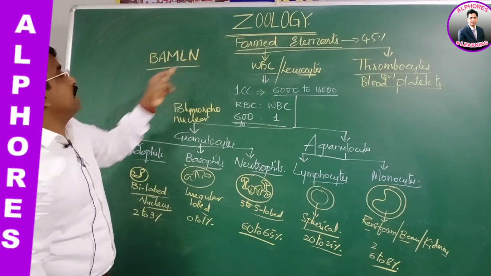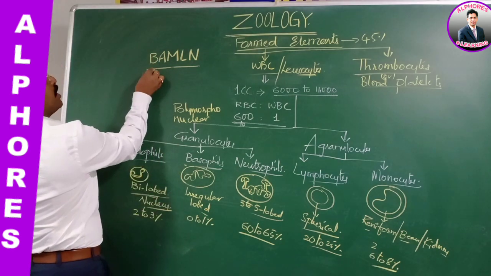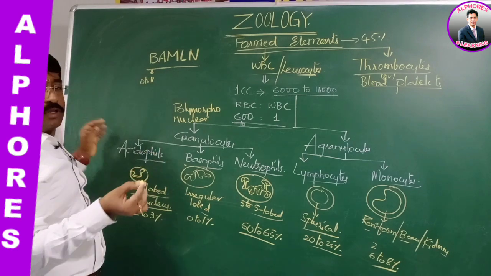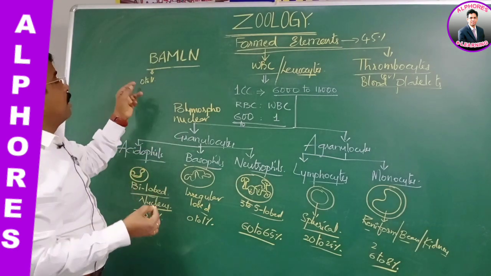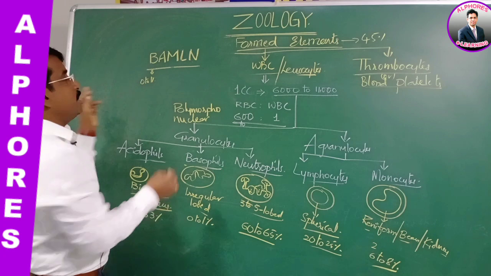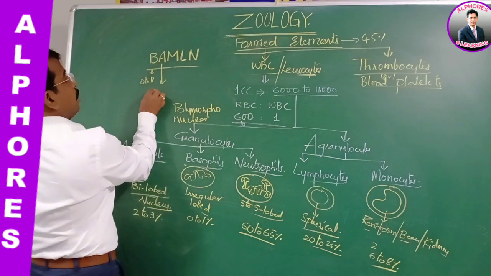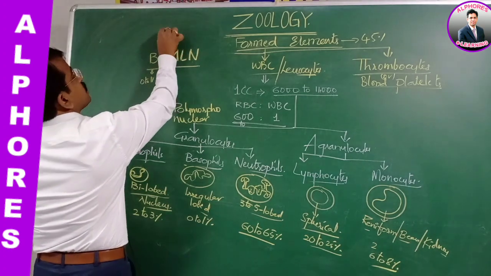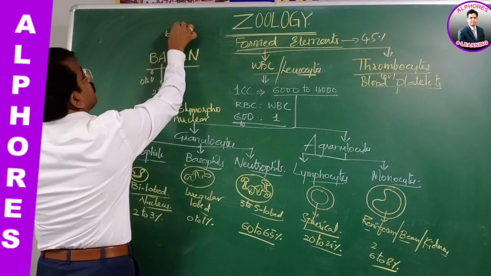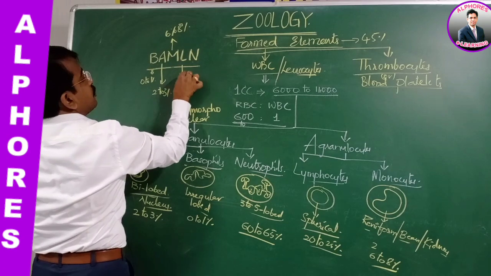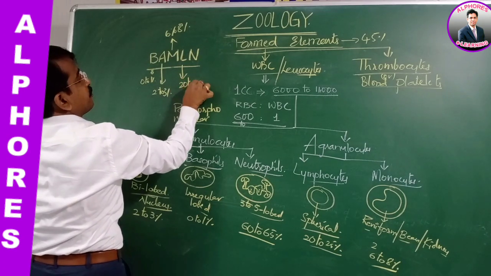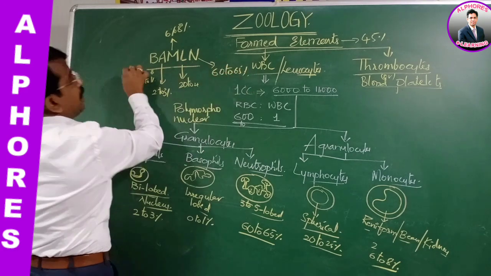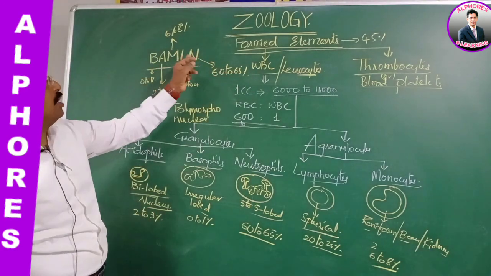Banana, Bamlan, look at here, 0.2 or else 0.3. That's what we say, 0.3 to 1%. Next 2 to 3%. Next monocytes 6 to 8%. And here 20 to 25%. 60 to 65%. So ascending order, descending order.